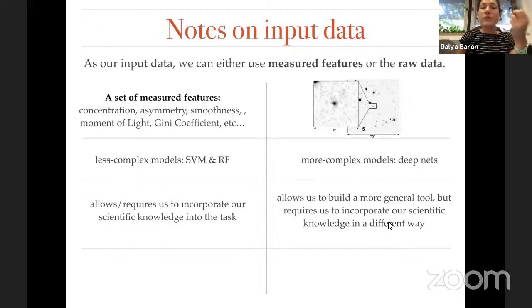And these things are not trivially incorporated into the deep nets, and we should somehow add this information in a different way. So people are doing it using a process named augmentation. They basically take images of galaxies and rotate them and flip them and use all of these as the input data set to make these networks rotational and flip invariant.